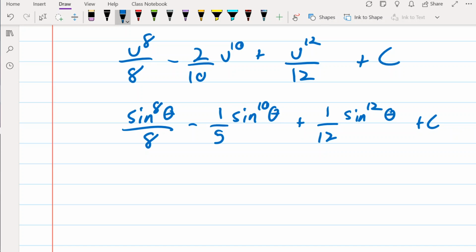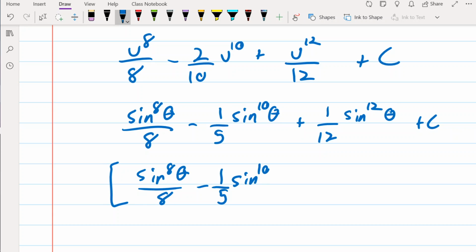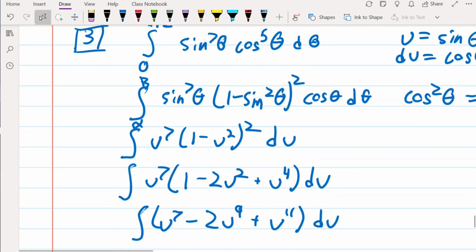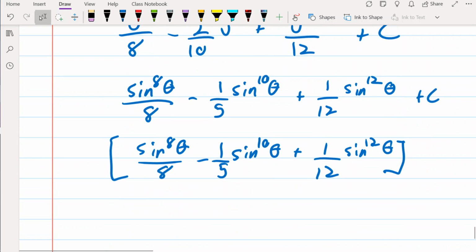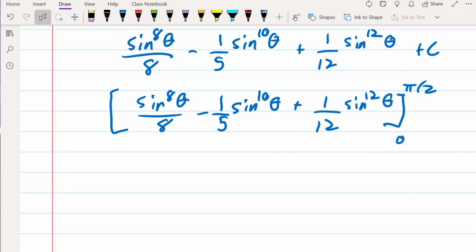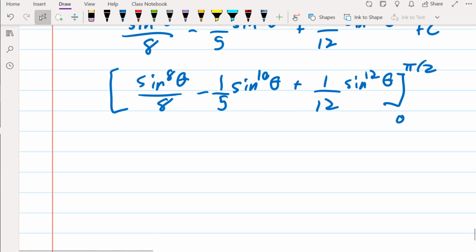Let's see, and then we're going to want to put back in our evaluation. So it'll be sine 8 theta over 8, minus 1 over 5 sine 10 theta, plus 1 over 12 times sine 12 theta. I believe our range is, or no, our values are from 0 to pi over 2. Then we're going to want to insert our values. So sine of pi over 2 is just going to be equal to 1, and 1 to the 8th power is going to be 1.